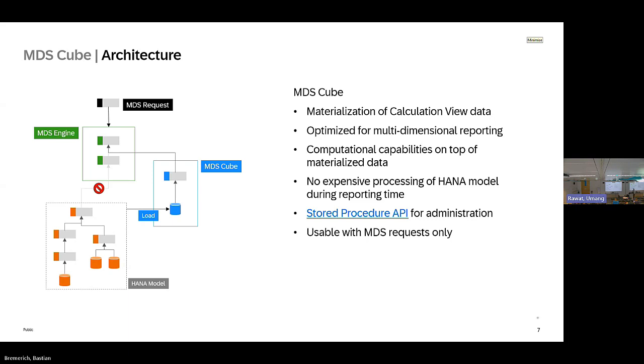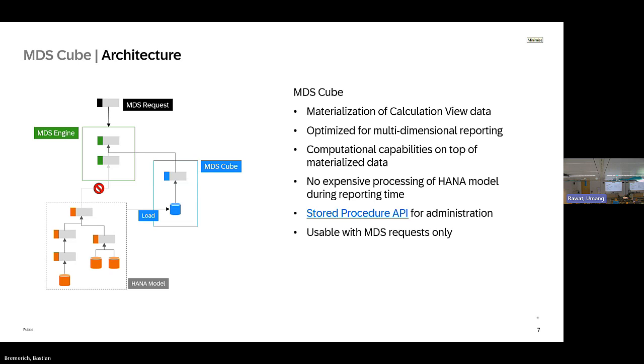Little spoiler, little disclaimer, we are not fully there yet. There is more detail on that later in the state of development slide, when I'm going to talk about what is possible and what we are still planning to implement. Thing is, MDS requests that run on MDS cubes consume significantly less resources.